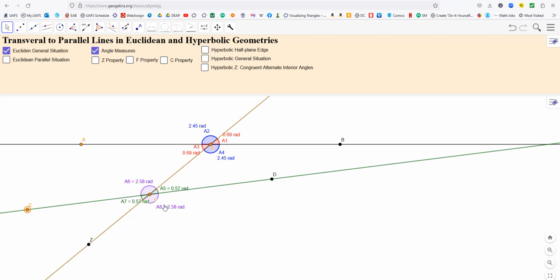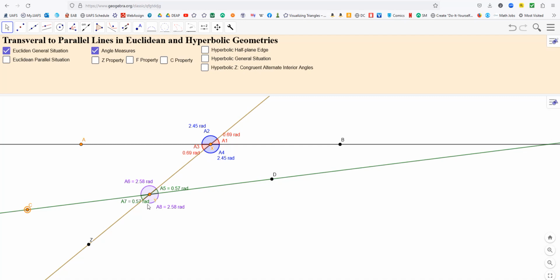You have angles on the same side of the transversal, like angles 1, 4, 5, and 8, and the others are on the other side. So we would say, for example, that A1 and A4 are adjacent angles on the same side of the transversal.